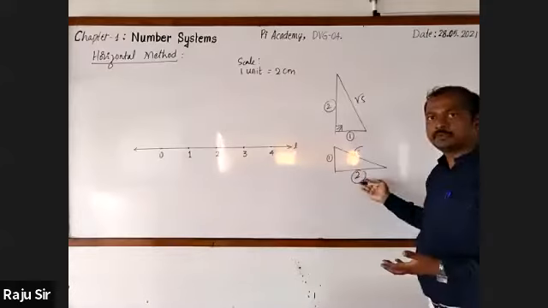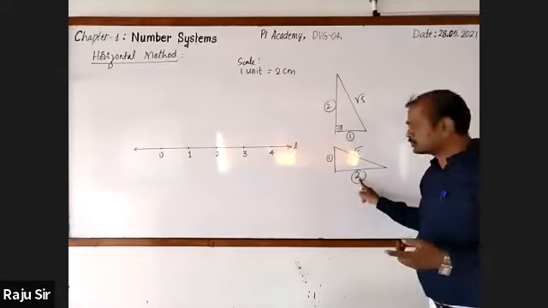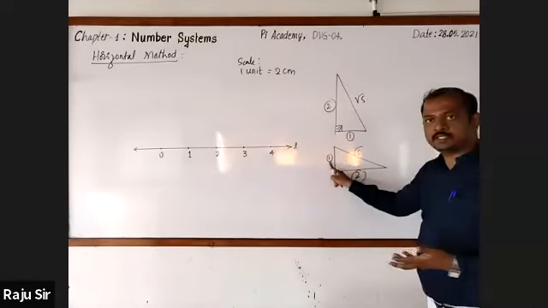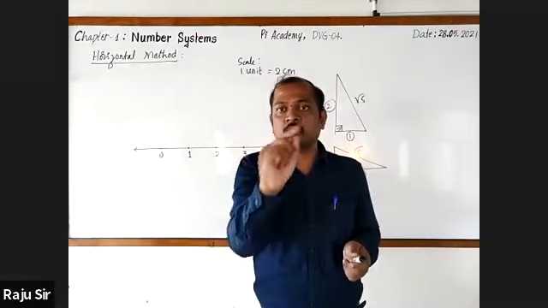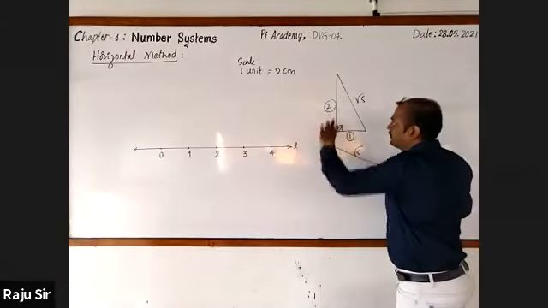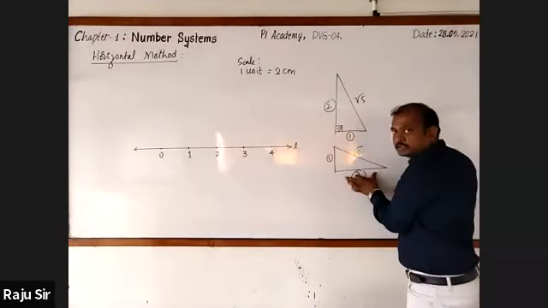Yes, sir. 2 square plus 1 square, again it is 5. So hypotenuse will be square root of 5. In the vertical method, you have taken the base as 1 unit. In the horizontal method, we take the base as 2 units. Got it?